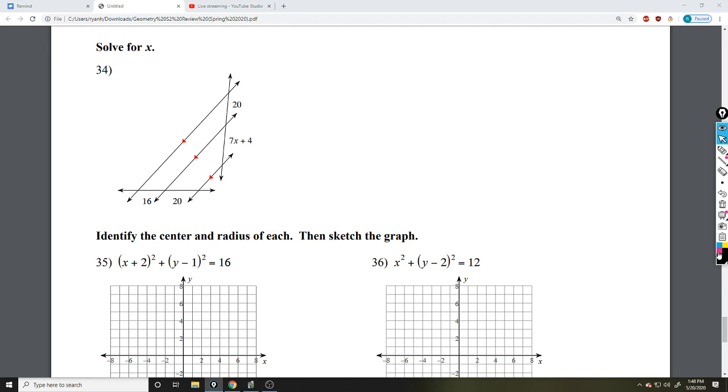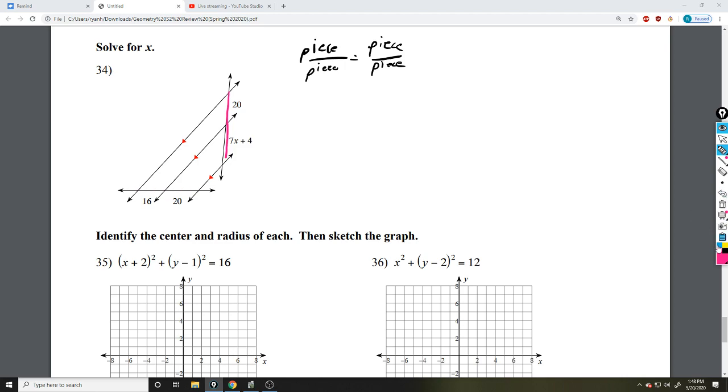So basically what we have for this theorem, for the way that we're going to set this up, is piece over piece equals piece over piece. The pieces on one side should match up with the pieces on the other side. So we have pieces here and pieces here. There we go.